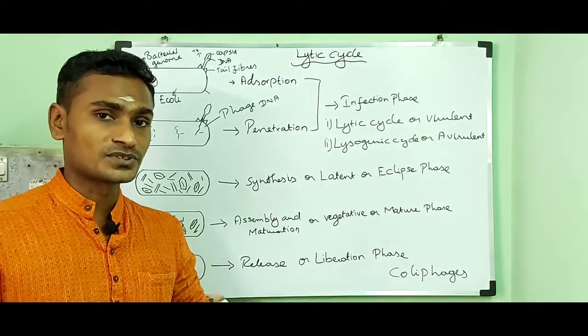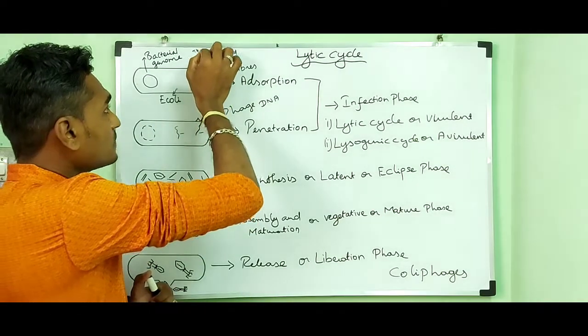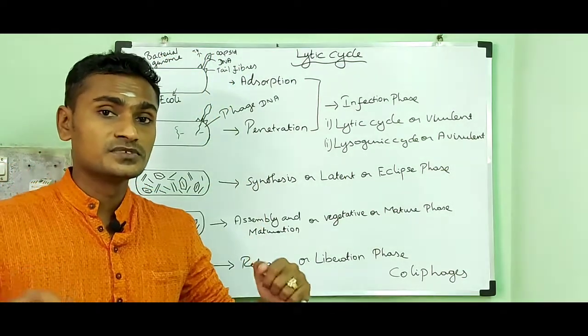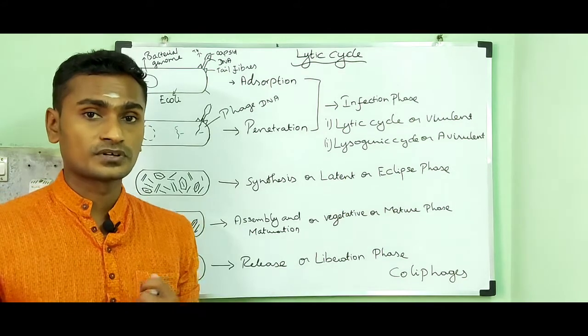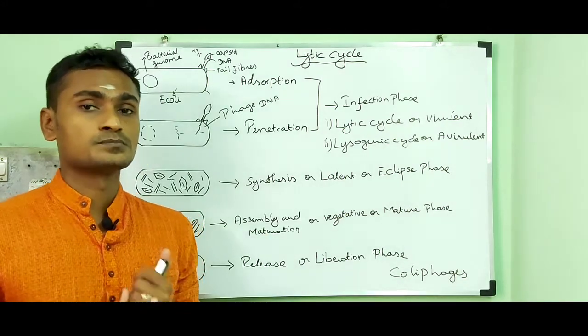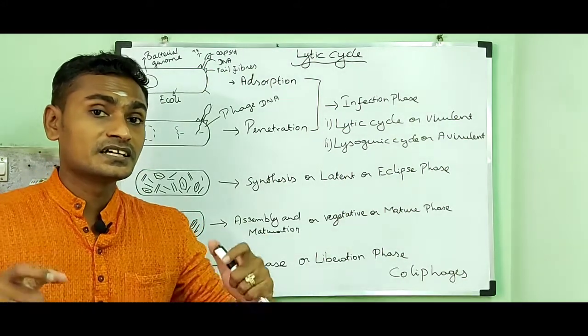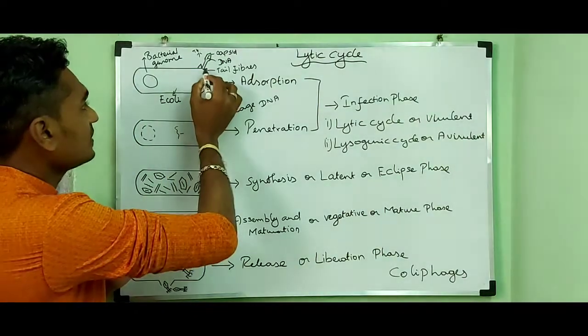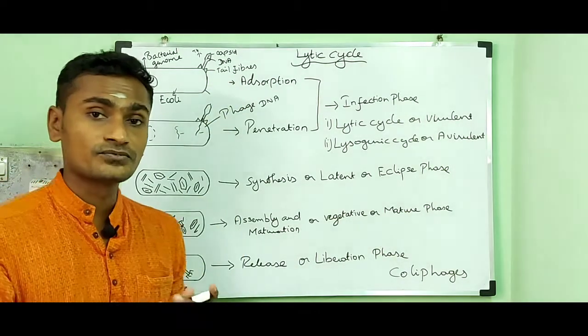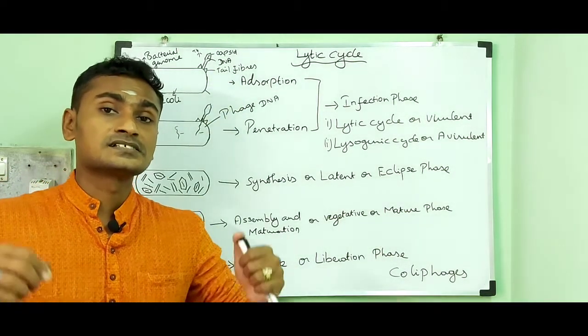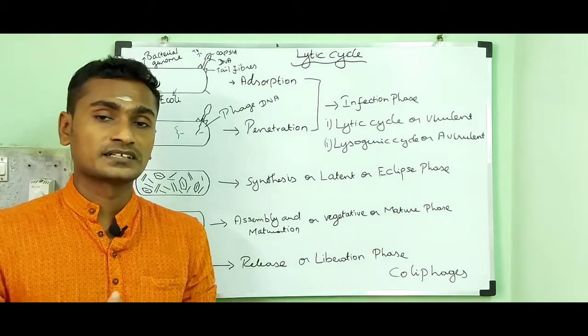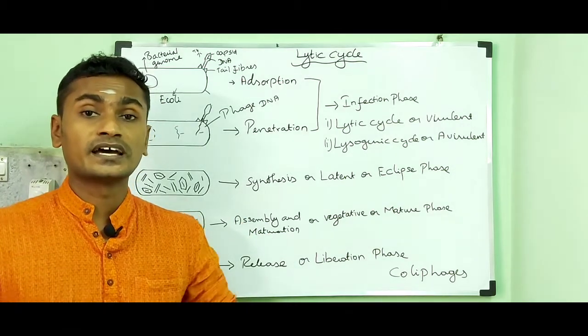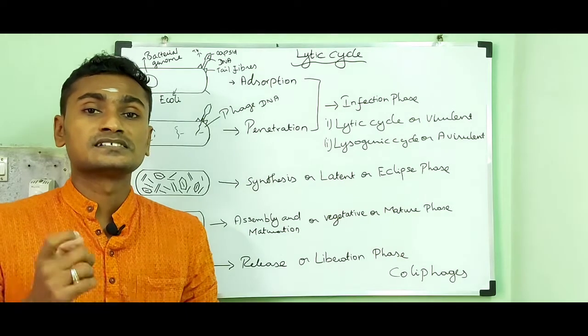In this process, the T4 bacteriophage tail fibers are very important for adsorption, because the tail fibers of the bacteriophage have some chemicals called lipopolysaccharide, and they act as receptors.